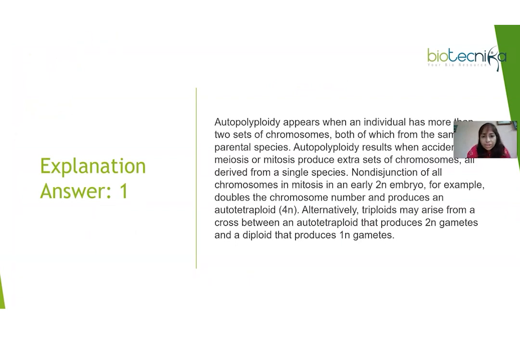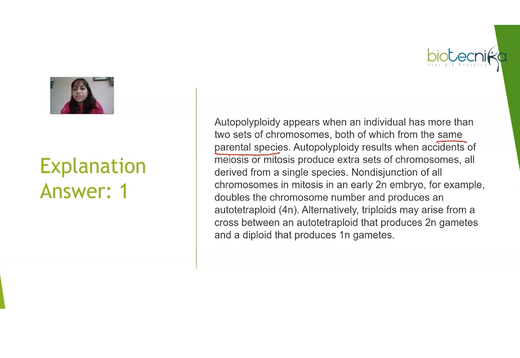You can see the explanation here: autopolyploidy appears when an individual has more than 2 sets of chromosomes, both from the same parental species. Autopolyploidy results from accidents of meiosis or mitosis and produces extra sets of chromosomes, all derived from a single species. Non-disjunction of all chromosomes in mitosis in an early embryo, for example, doubles the chromosome number and produces an autotetraploid because it belongs to the same species.